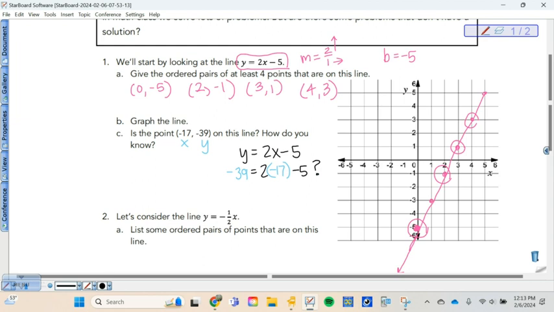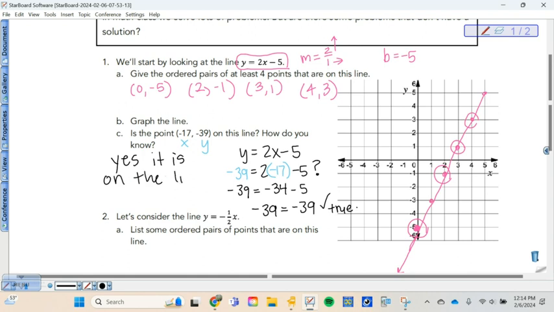Okay, and I'm testing it. I'm asking, is this true or is this false? So -39. What's 2 times -17? -34. And what's -34 minus 5? -39. Is -39 equal to -39? Yes, that's true. So that tells me that yes, it is on the line.